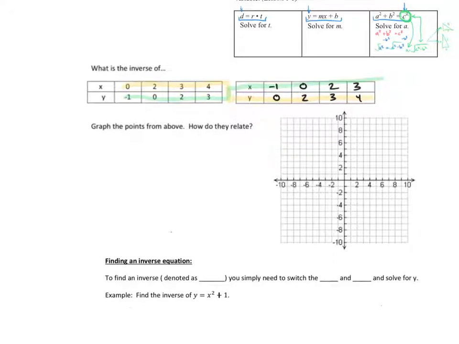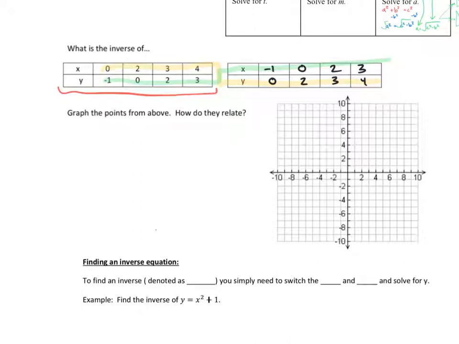Now here's what it'll look like graphically. I'm going to graph the original function in red. We've got (0, -1), (2, 0), (3, 2), and (4, 3).